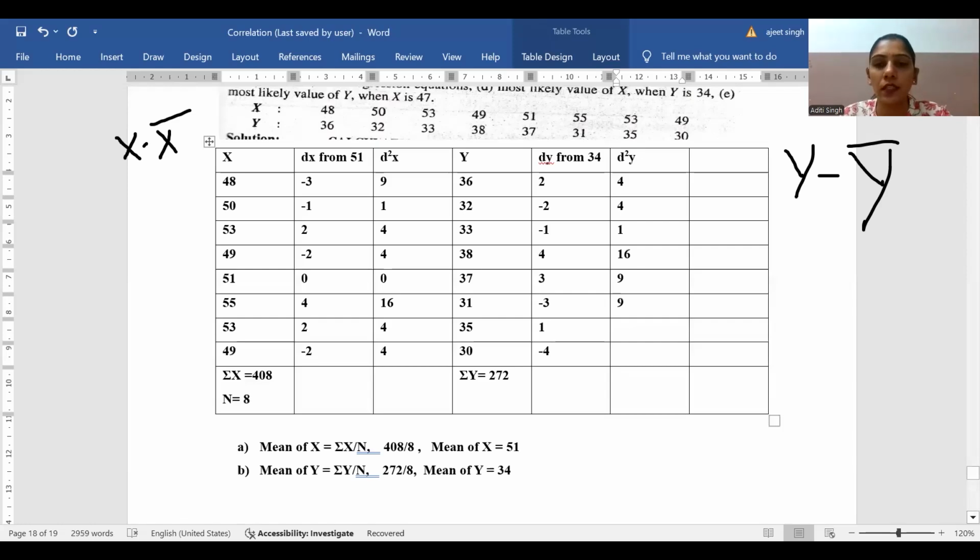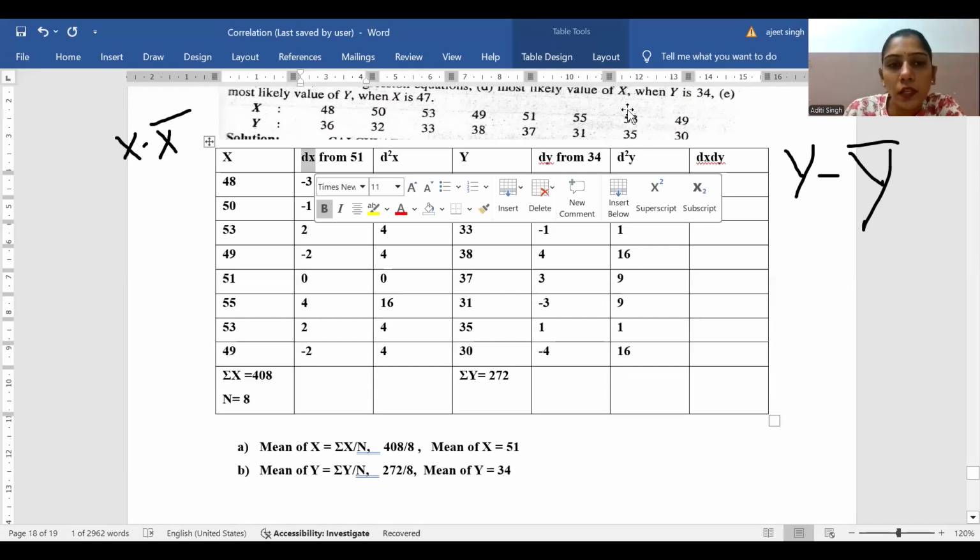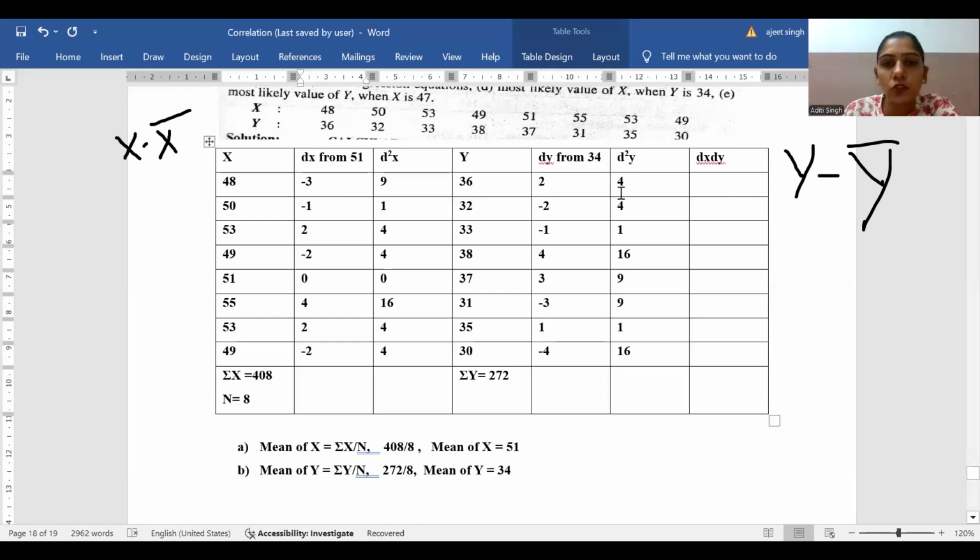Now we will calculate the value of dx dy, in which we multiply the value of dx with dy. Minus 3 times 2 is minus 6. Minus 1 times minus 1 is 1. 2 times minus 1 is minus 2.